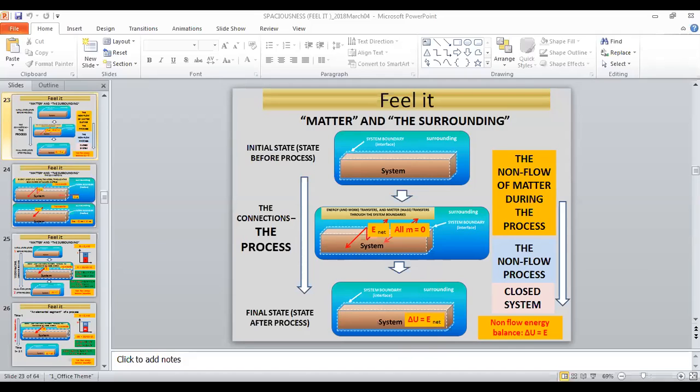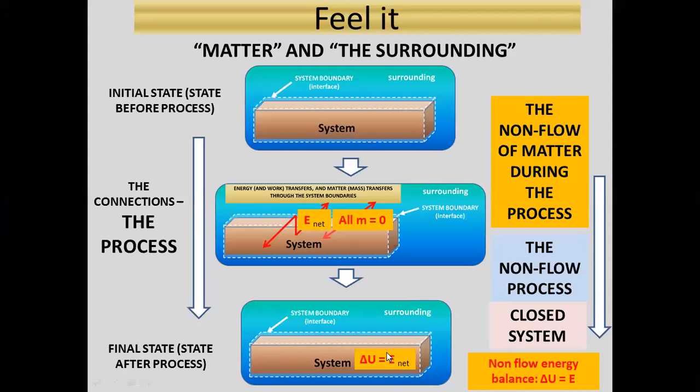Okay? So this is a good slide. Let me make it big. So the net energy input is the change of the system's internal energy. This energy input is because of the communication of this closed system with the surroundings, in terms of energy and work.